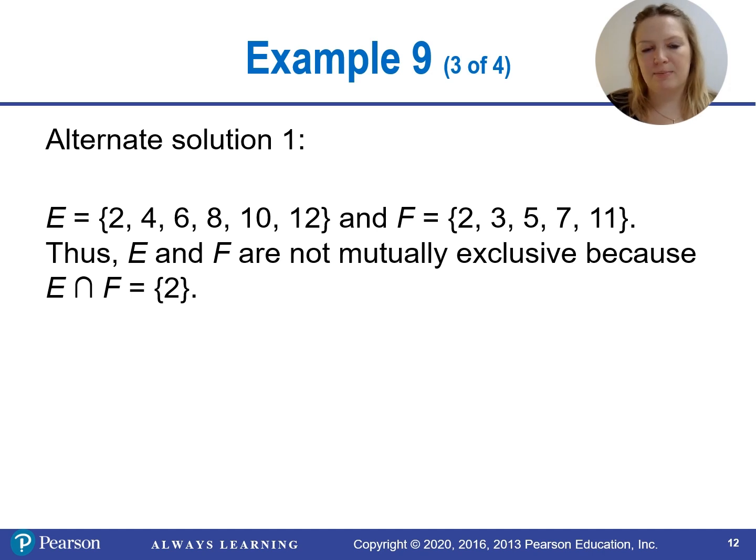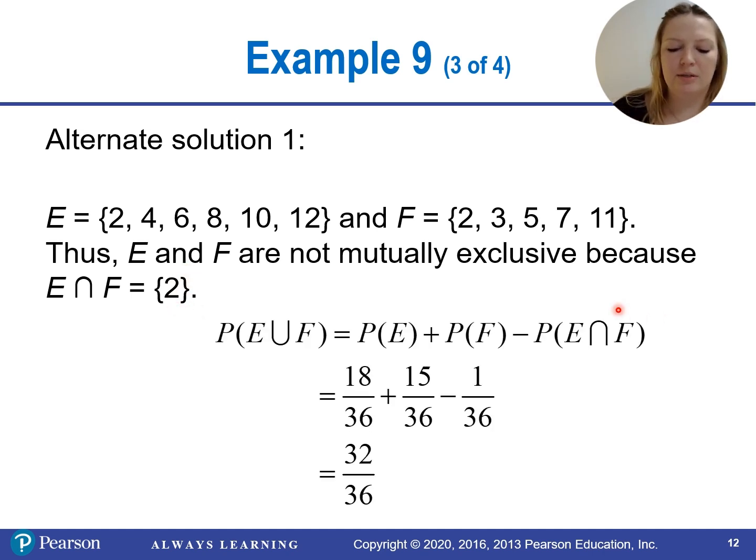Another way we could do this problem is to think about our separate sample spaces, or our separate outcome spaces of the evens and the primes, and remembering that these are not going to be mutually exclusive events because 2 would be both an even and a prime.